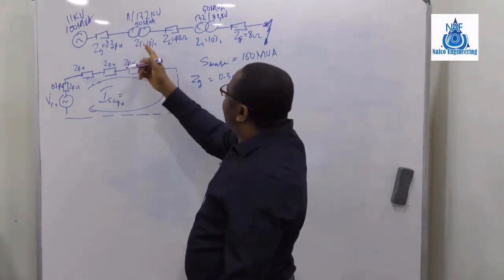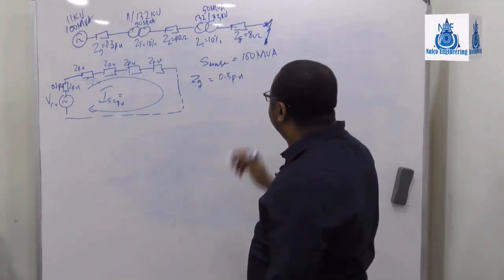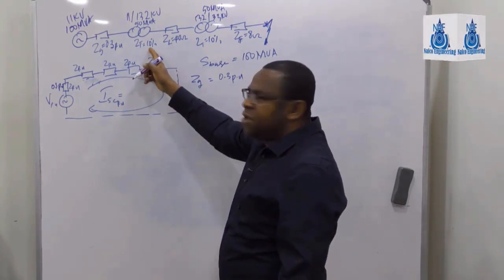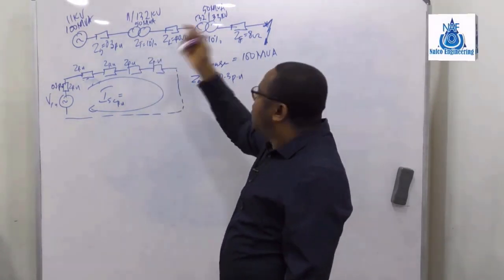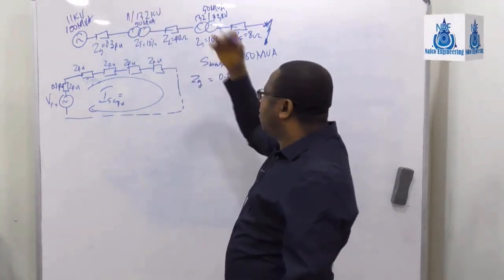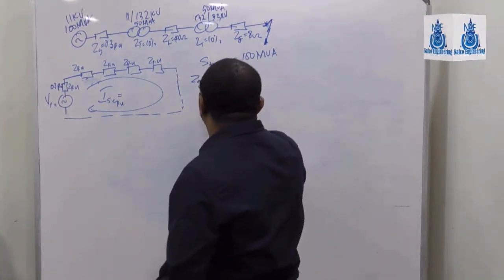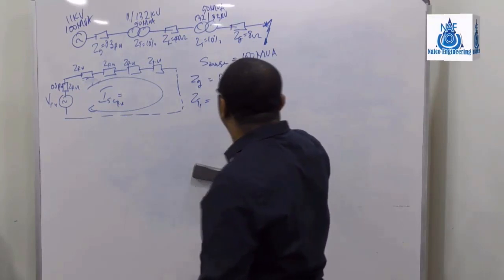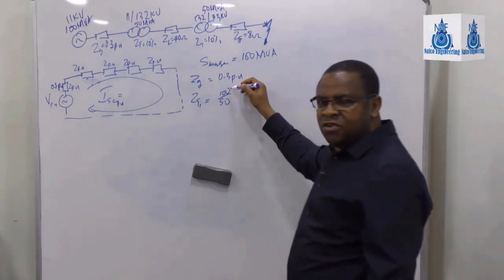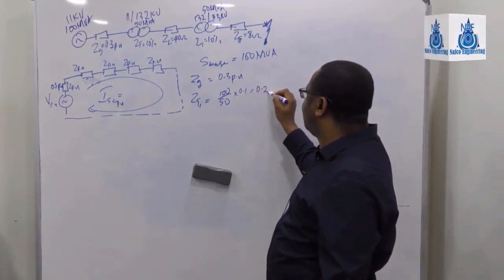So 0.3, and then what about the transformer? For the transformer, this is already given to you in per unit, 0.1, but it's based on 50, so we must update it to a new value, which is now 100. Z of transformer 1 will now be 100 over 50, that is S base new over S base old, times 0.1, which will give you 0.2.